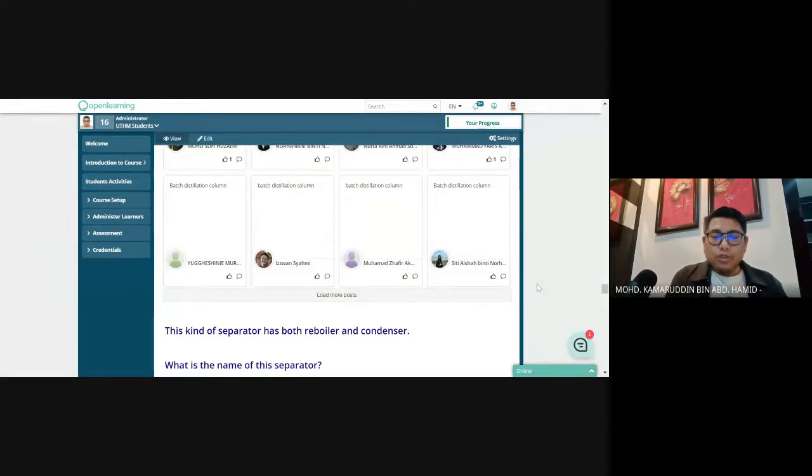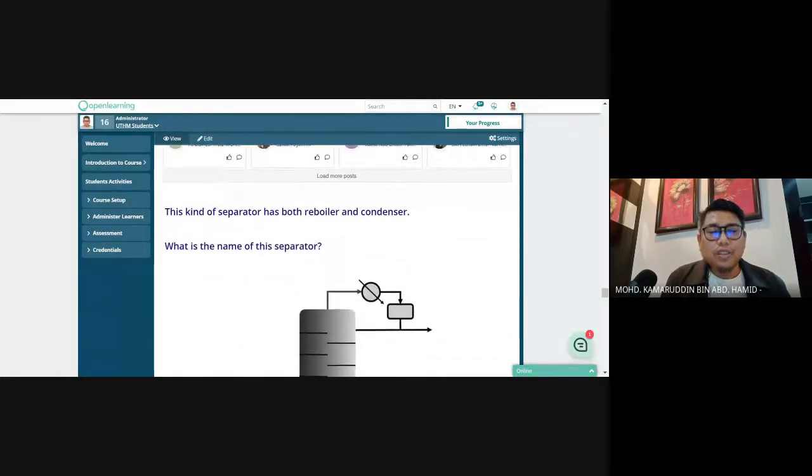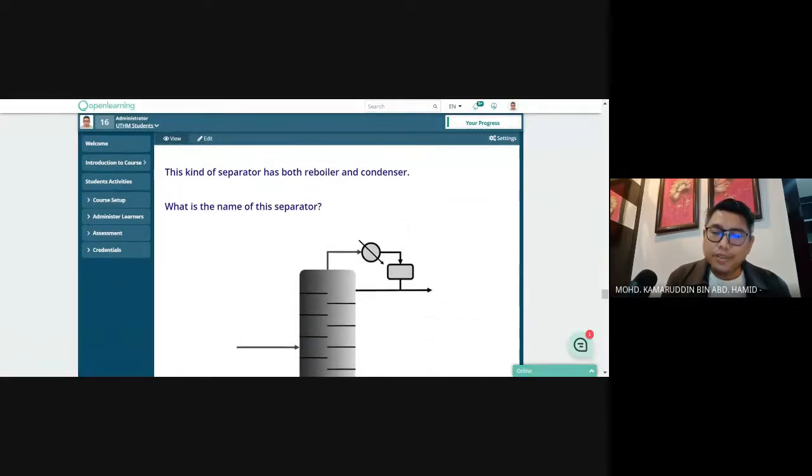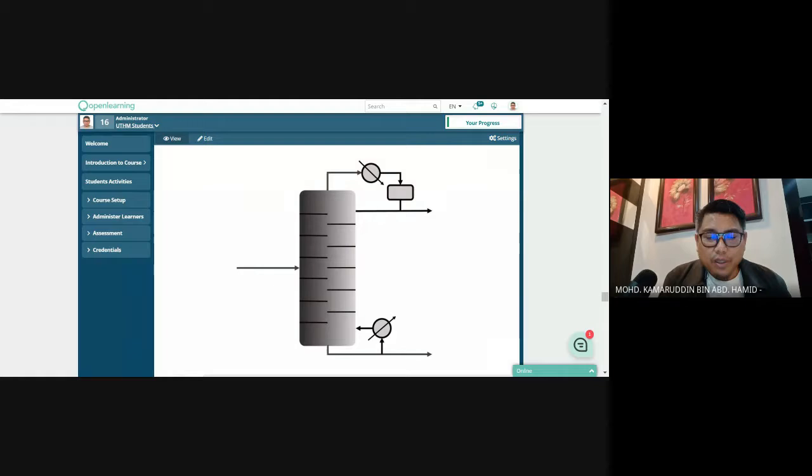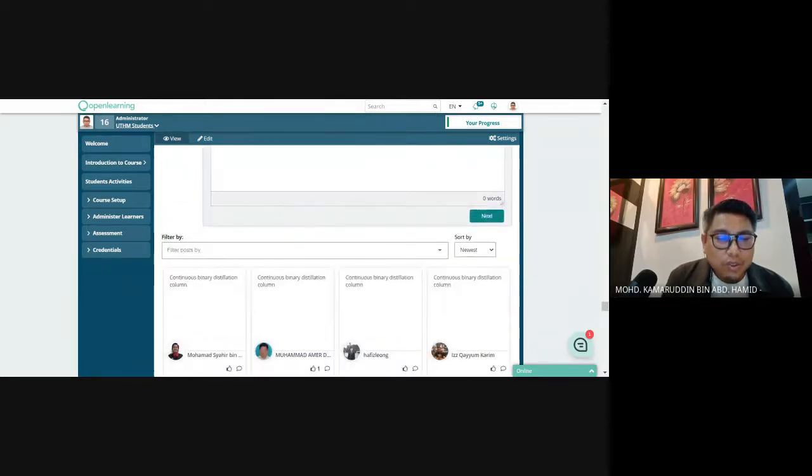Okay, so we go for the fifth column, yang mana the owner, which is still absorber, but in this case you have both. You have a reboiler at the bottom and also you have a condenser at the top. So the question is, what do you call this? Apa you all punya jawapan?